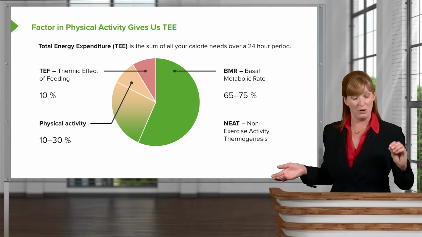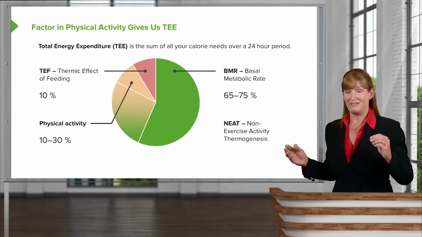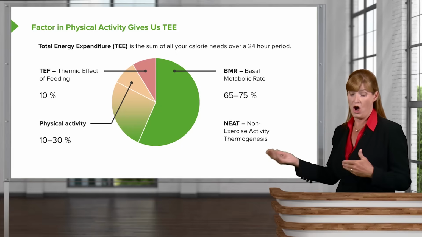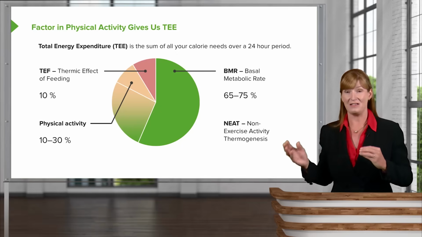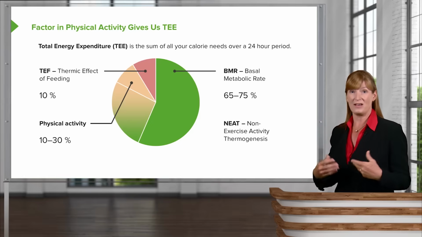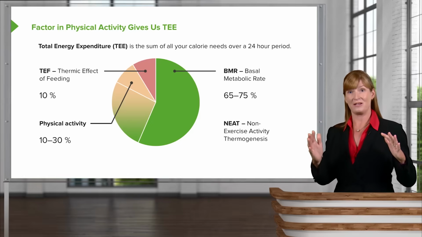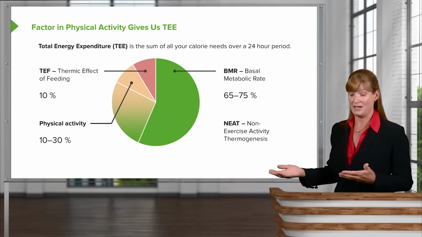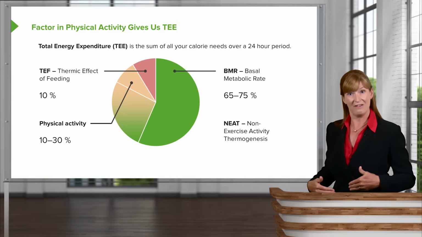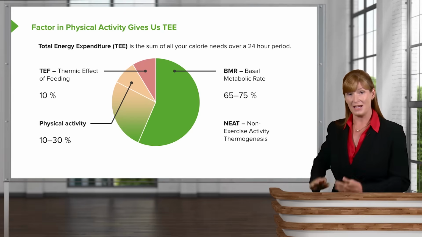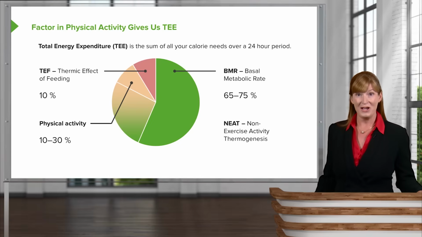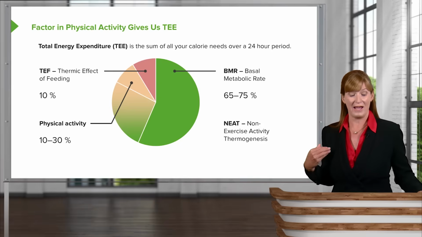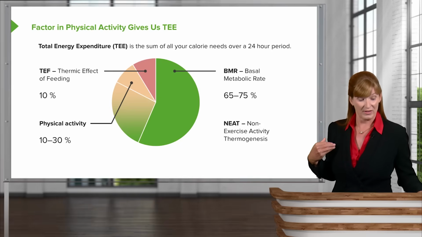So there's the component of physical activity that we call NEAT, another term you should be familiar with, which is our non-exercise activity thermogenesis. So this is when you're sitting at your desk and you feel like you're doing nothing and not burning any calories. In fact, we are burning calories during that because we have to have muscles firing to keep us upright and not in a pile on the floor. So all of these pieces go into the calculation of total energy expenditure.